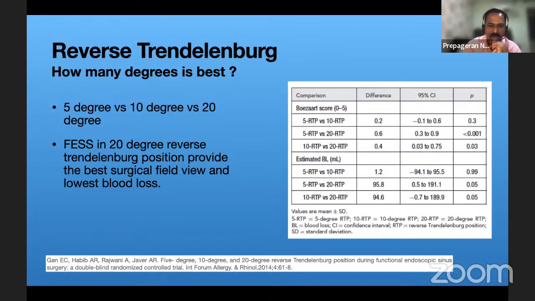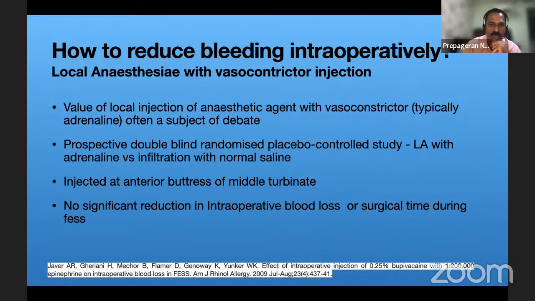This has also been studied, both on the visual field as well as amount of blood loss. They compared 5 to 10 degrees, 5 to 20 degrees, 10 to 20 degrees. And if you look at the blood loss, the difference is significant. Therefore, FESS is best done in a reverse Trendelenburg of 20 degrees position. It gives you the best surgical view and the lowest blood loss as well.